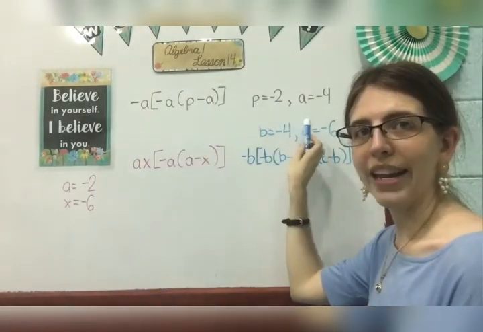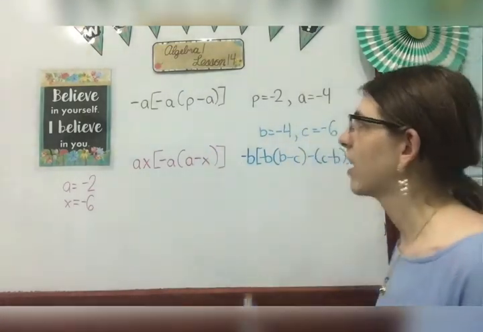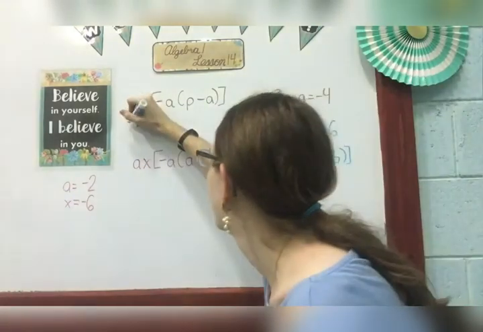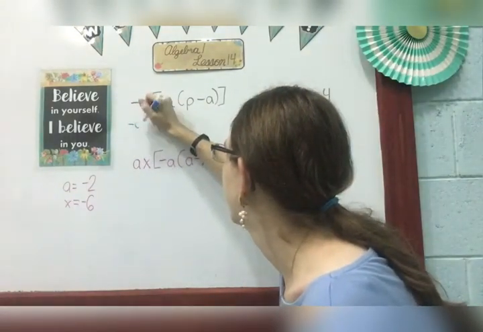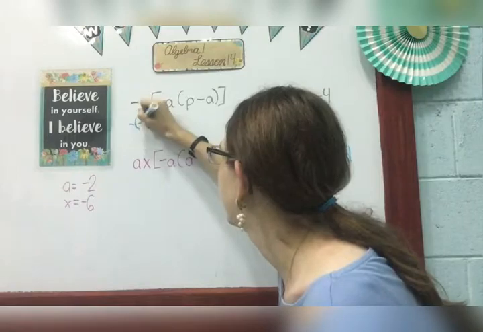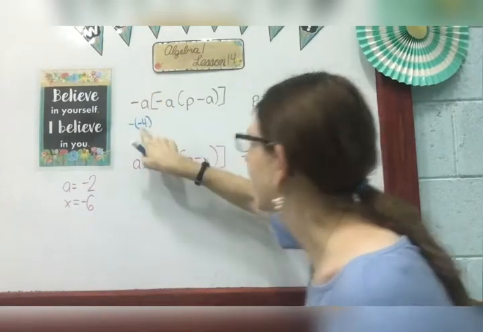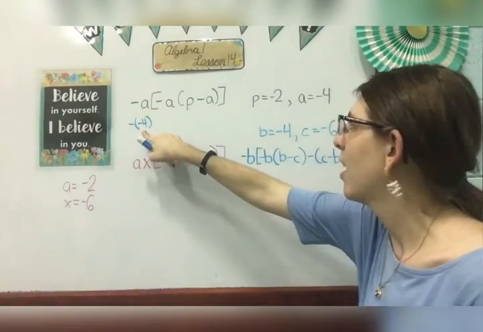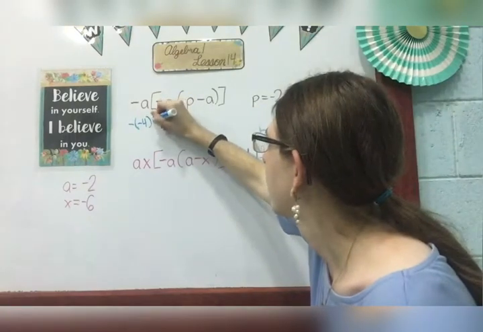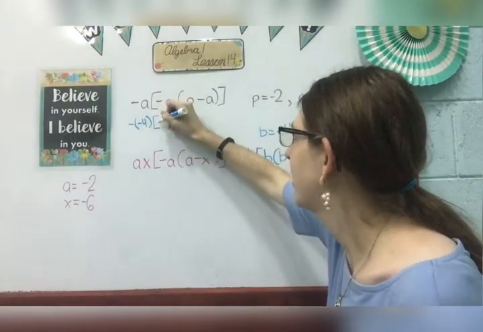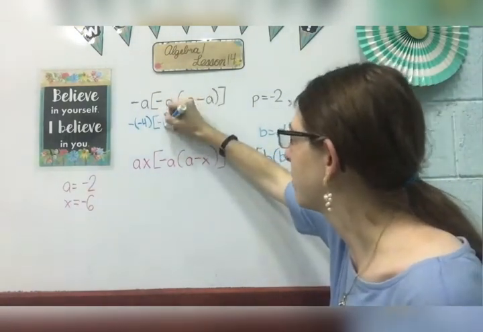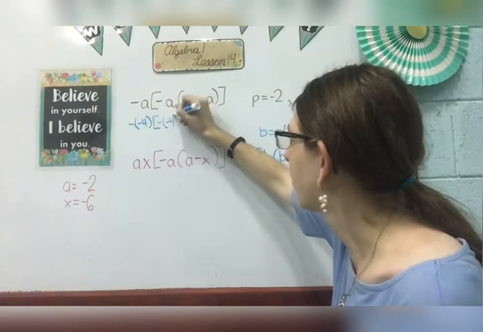A is already negative, it's negative 4. So I'm going to have negative, parentheses, negative 4 to protect that negative. Then I have my bracket, negative, and I'm going to do the same thing, negative 4.